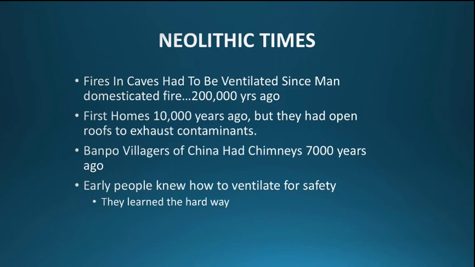The first chimney that one might recognize was dug up in a village in China outside the city of Xi'an, about 7,000 years old. Strangely enough, they didn't have doors, but they did have chimneys. So these early people knew they had to ventilate fires for safety. They learned the hard way, but they learned it nonetheless.